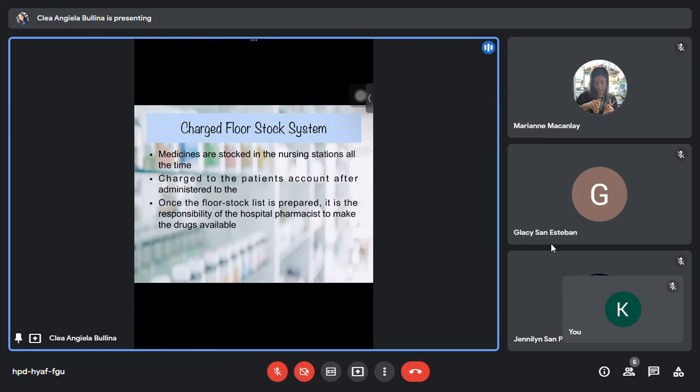Okay, kasi the nurses are the one who administers sa charged floor stock system kasi andun sa station nila ang drugs nila. So, mahirap yun i-monitor. So, ikaw as pharmacist, dapat responsible ka kasi hindi naman ikaw ang nag-administer. Si nurse naman. What you do is you make sure na the drugs that are needed in the station is being provided. Okay?